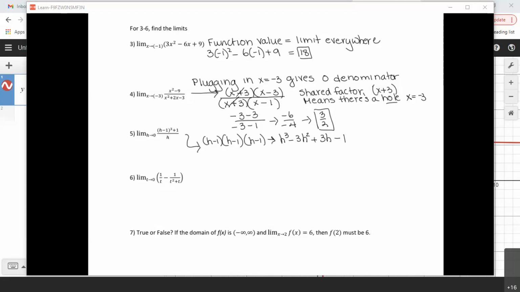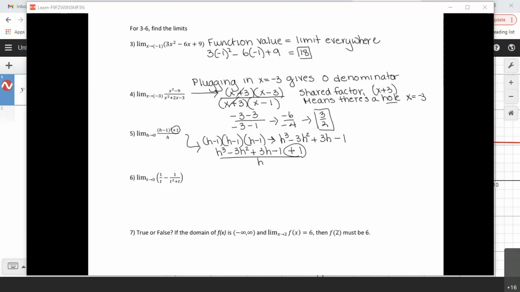That would just be FOILing it out. So your numerator here is h cubed minus 3h squared plus 3h minus 1 plus 1. That's coming from here, over h.